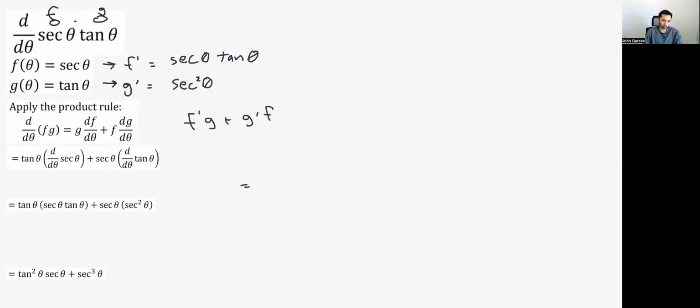We just basically just did this part. The derivative of secant, that's this part for f prime. And then the derivative of tangent, that's this part for g prime. So now we can write this equation out. So it's going to be tangent times secant theta tangent theta, and then secant times secant squared. And then when you combine that, this one has 2 tangents and this one has 3 secants. So we're going to say this is tangent squared secant plus secant cubed.